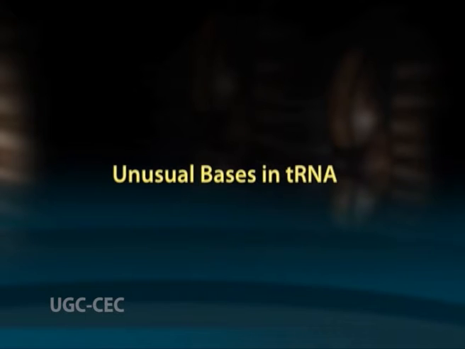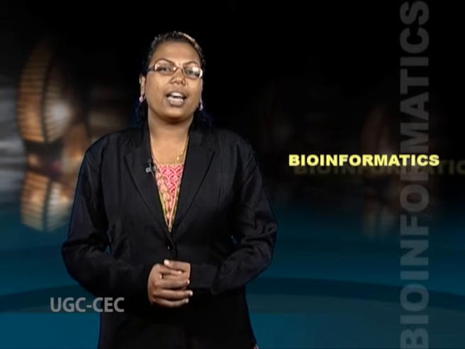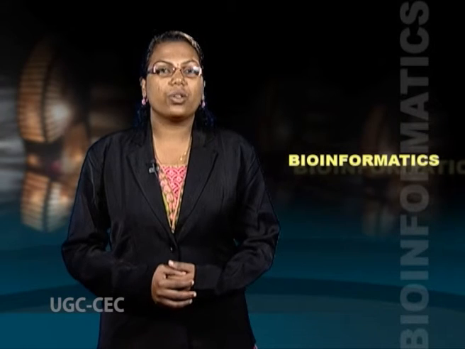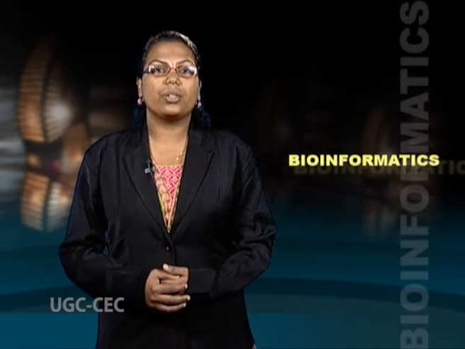Unusual bases in tRNA. In addition to the usual bases A, U, G and C, tRNA contains a number of unusual bases and in this respect differs from mRNA and rRNA. Most of the unusual bases are formed by methylation, addition of a CH3 or methyl group to the usual bases.